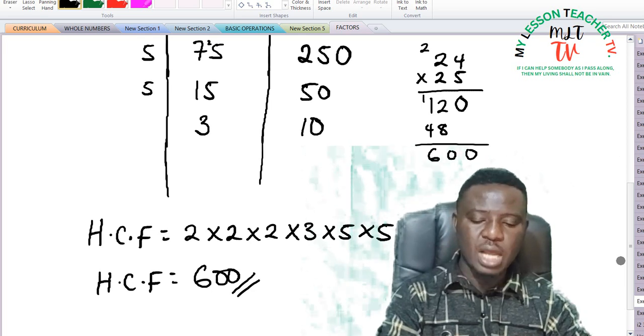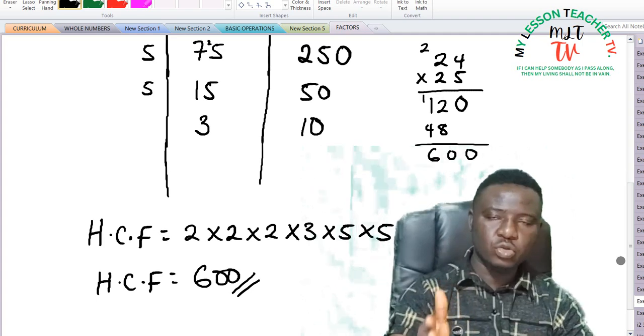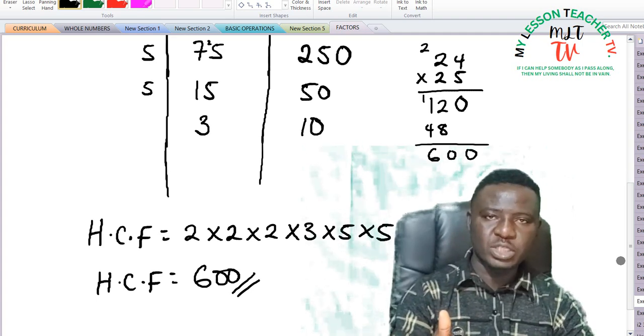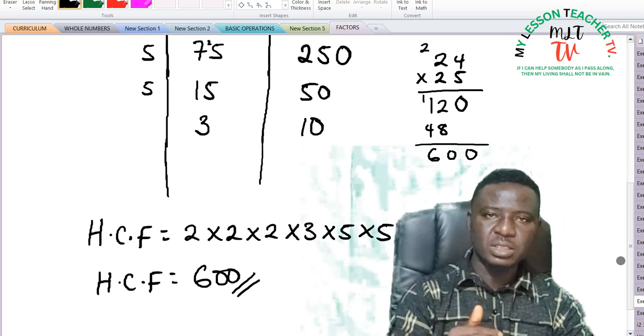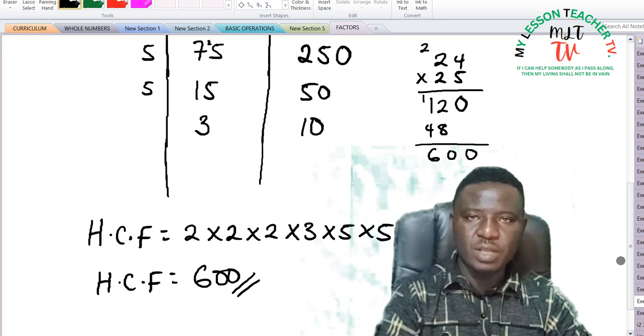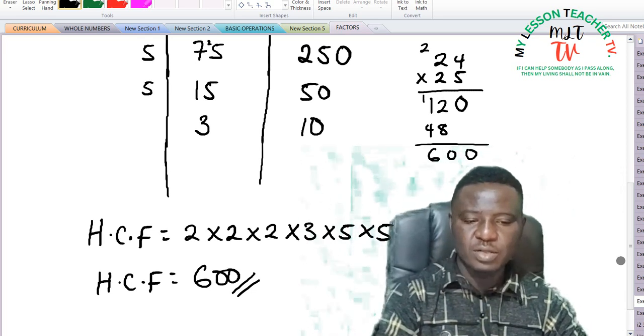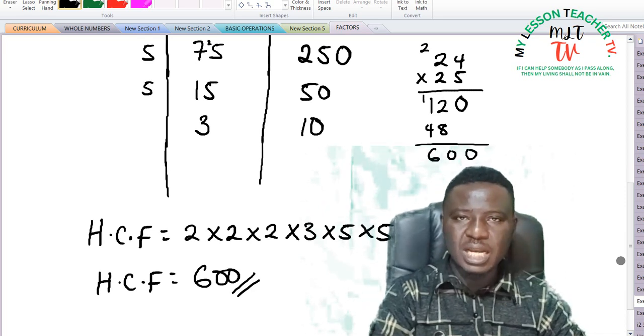We have also looked at the use of index notation. I also showed you the fourth method, in which you list out the factors of each of the numbers, then you look out for the ones that are common, and the highest of them that are common gives you the HCF.